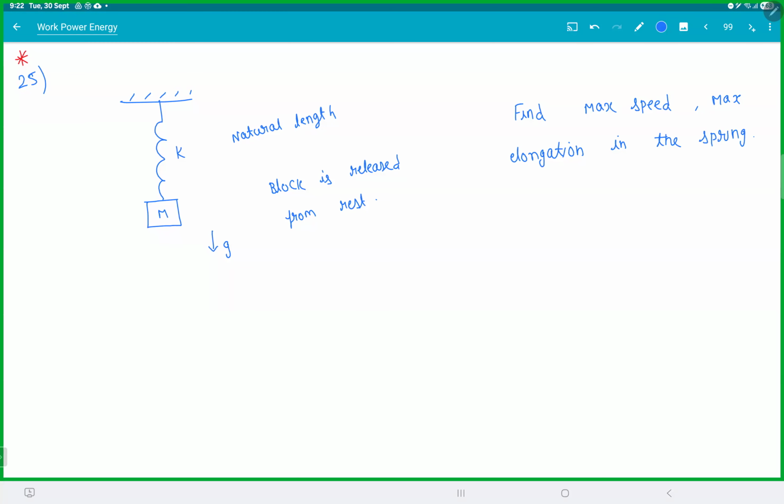So you took a block with a spring in natural length and you just left it. This block won't just keep quiet. It will start oscillating up and down.